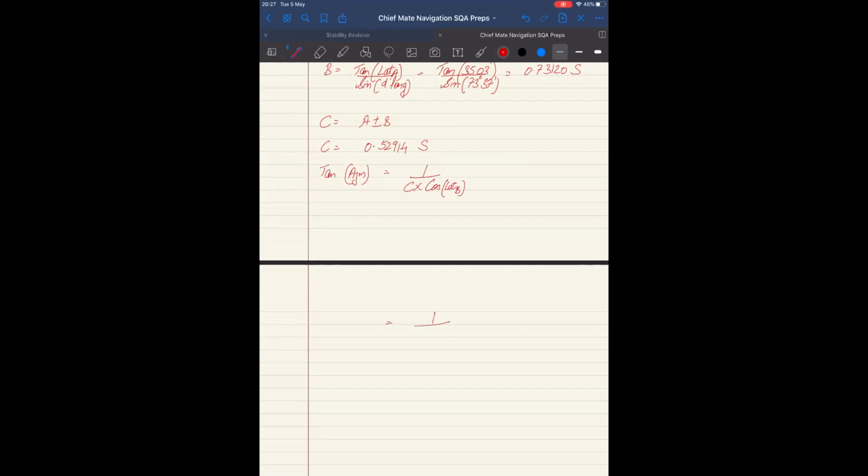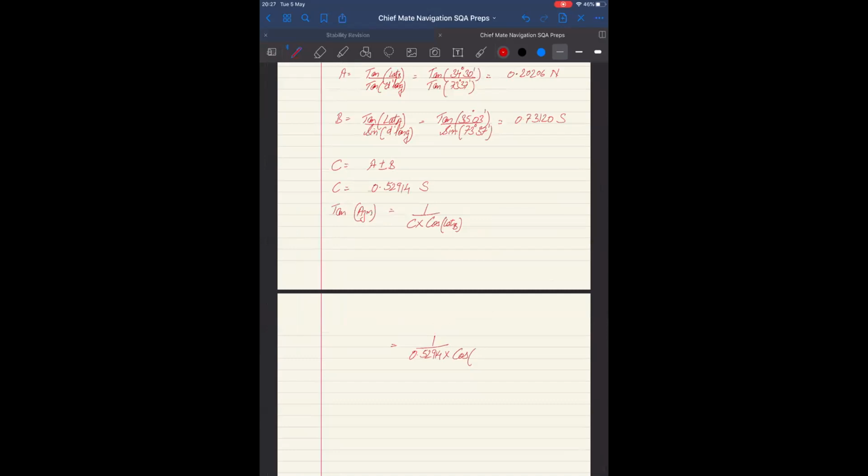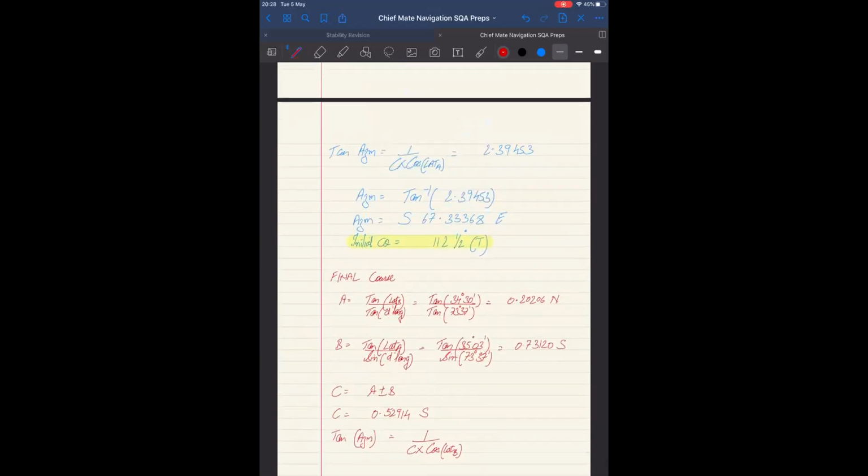I would say it is 1 over 0.52914 multiplied by cos of latitude B, which is 34 degrees 30 minutes. This will give me an answer of 2.29317.